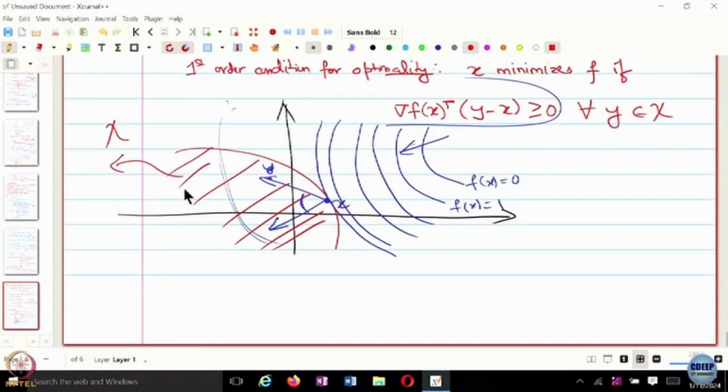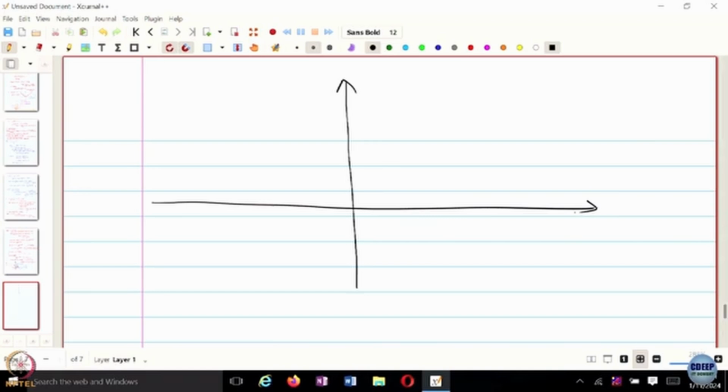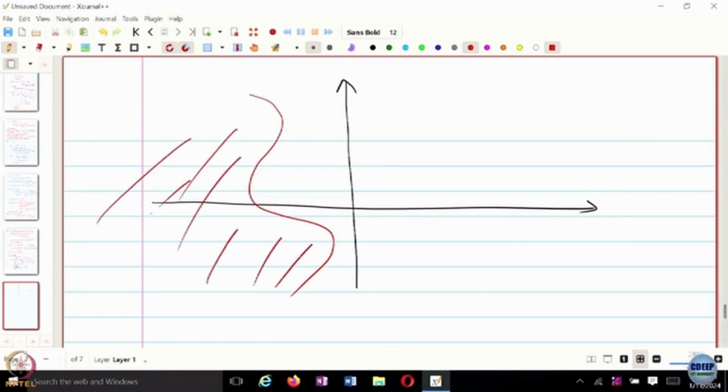Well, if I look at a similar sort of picture, let's say x is your constraint set, and x is not convex. It may look something like this. So this would be an example where your constraint set x is not convex.